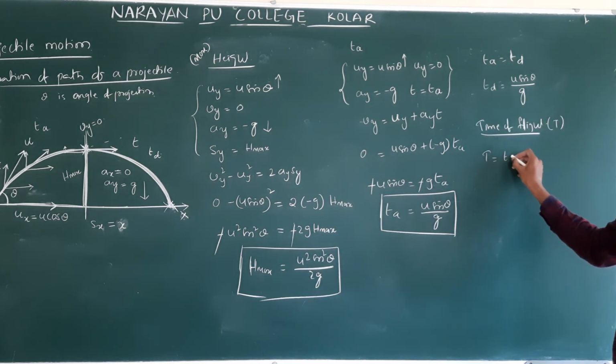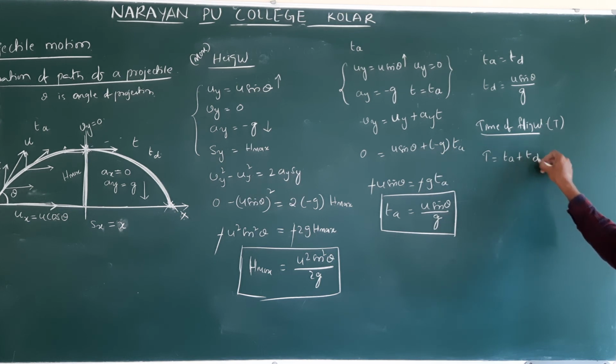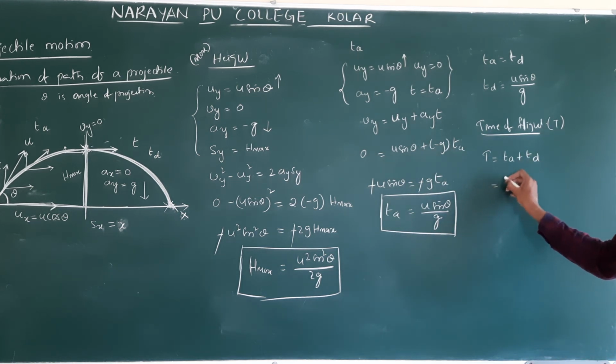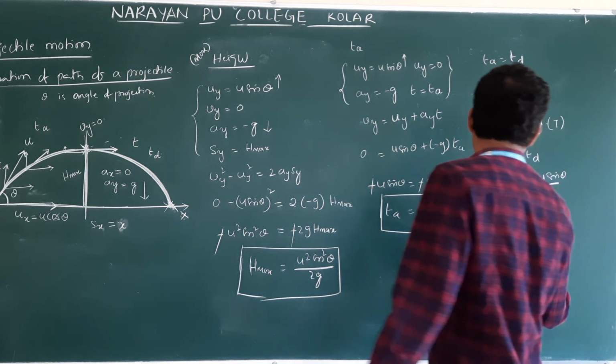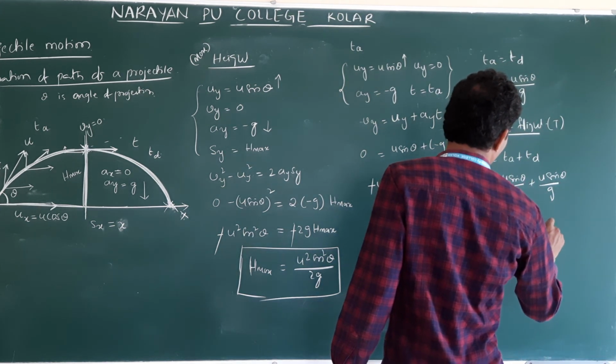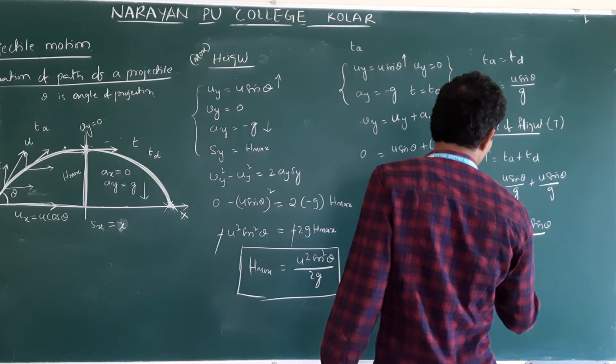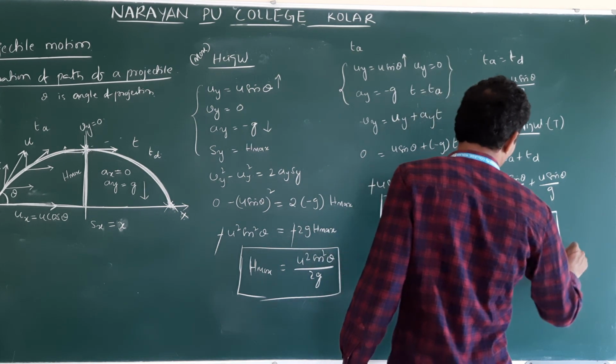It is the sum of time of ascent plus time of descent. This is equal to u sin theta by g plus u sin theta by g. Then this will be 2u sin theta by g. This is total time of flight.